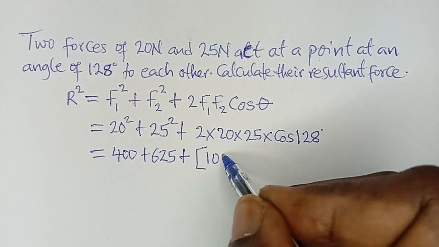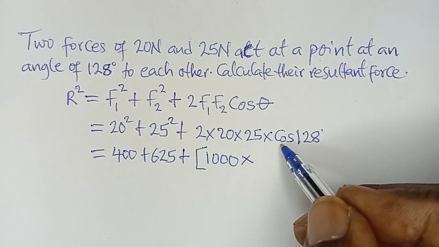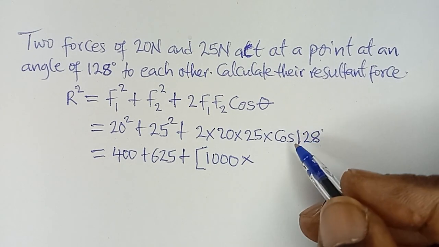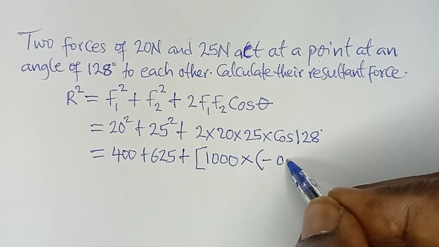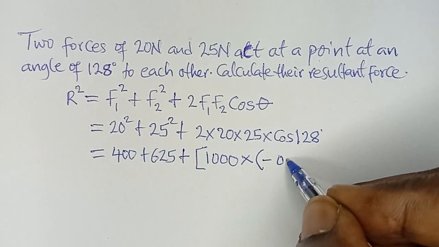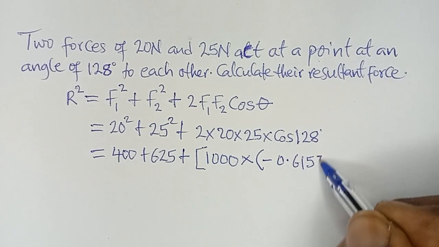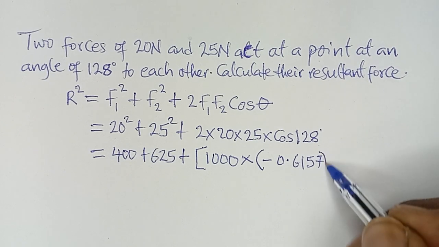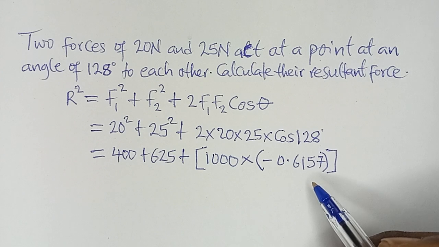So let me use the 1000 there, and then I say times the cosine of 128, which will give me a negative value, and that is minus 0.6157. So this is what it is going to give to me.